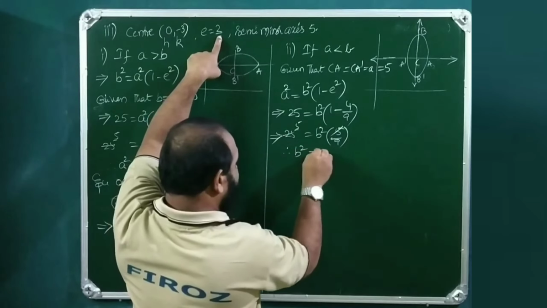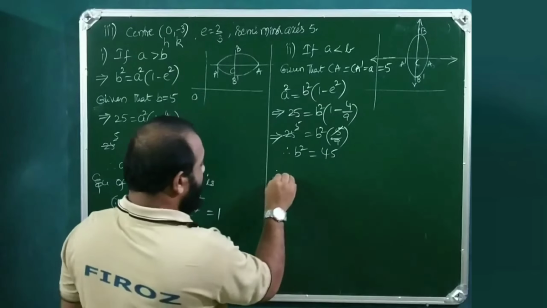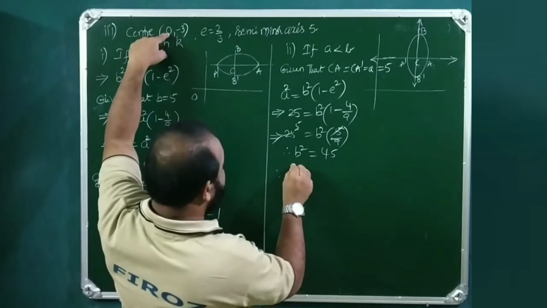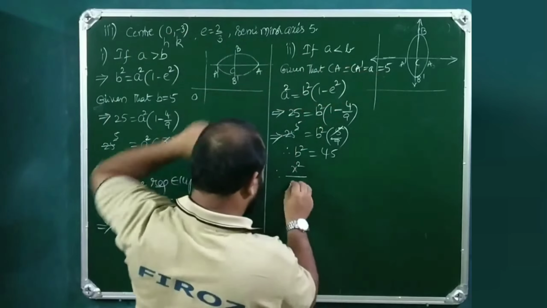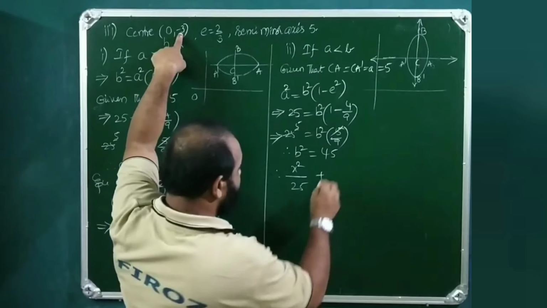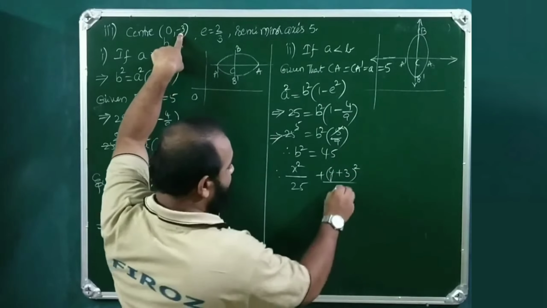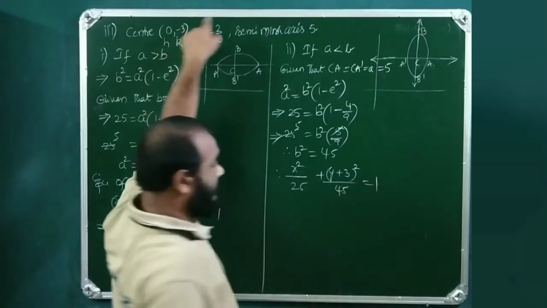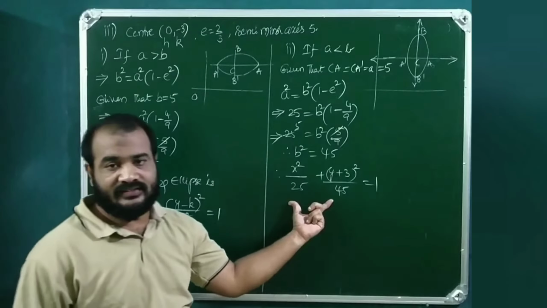Therefore B square is equal to 9 5s are 45. Therefore, the equation of the ellipse is (X minus 0) whole square, that is X square by A square which is 25, plus (Y minus of minus 3), so (Y plus 3) whole square by B square which is 45, equals 1. Therefore, the ellipse could be this or this.